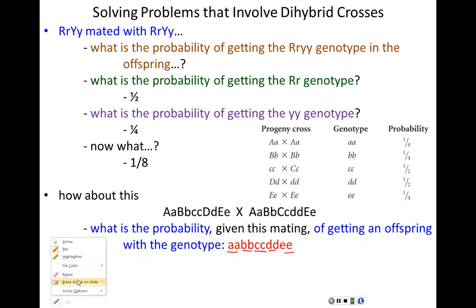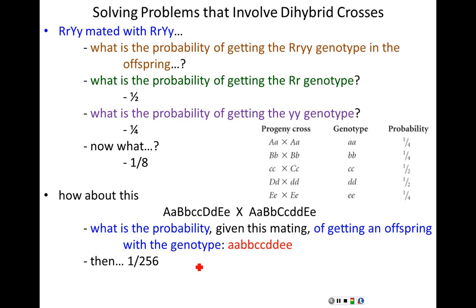This is the product rule. So we take these individual probabilities and we multiply them. 1/4 times 1/4 times 1/2 times 1/2 times 1/4 is 1/256. And that's it.